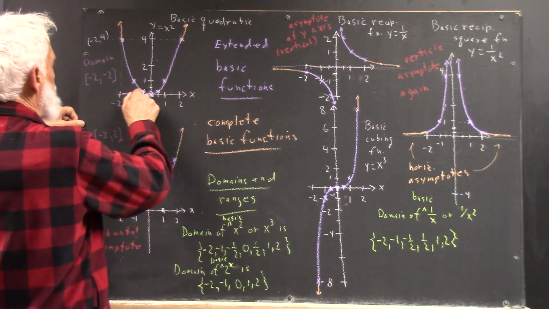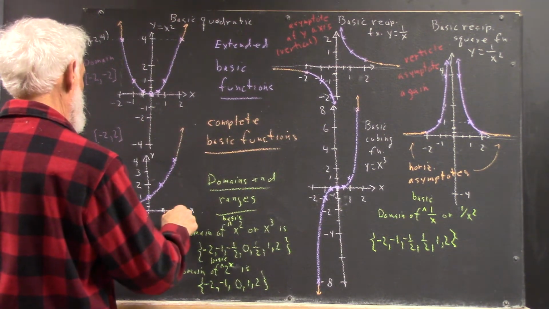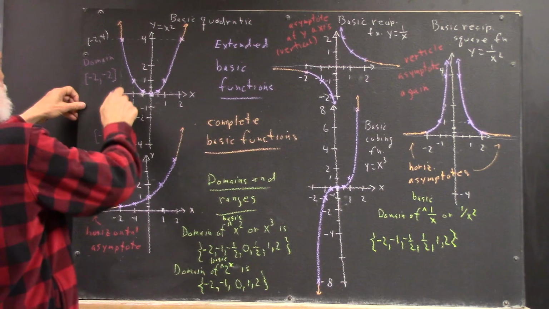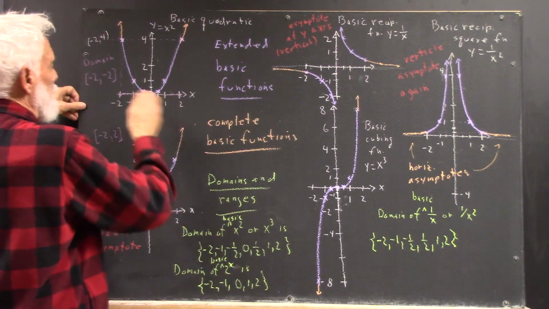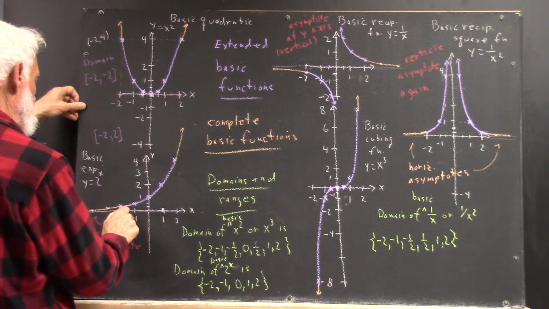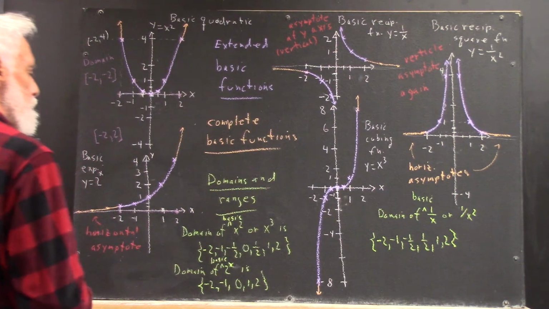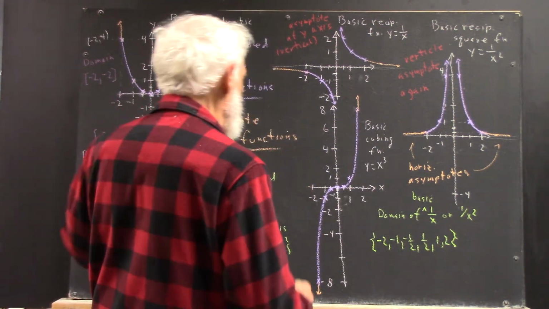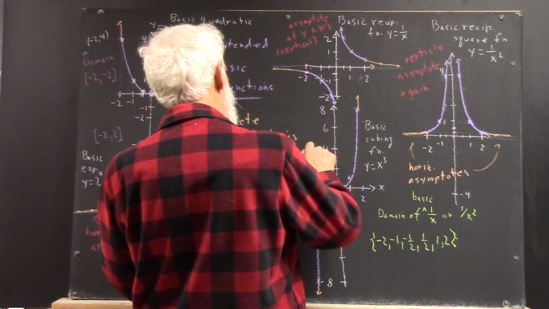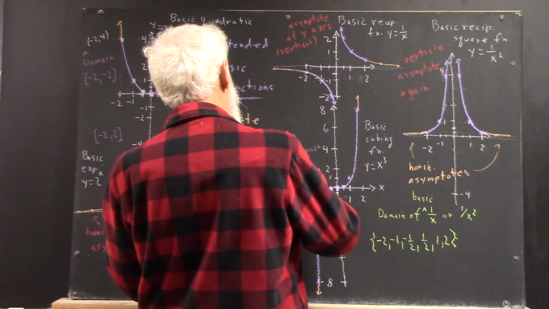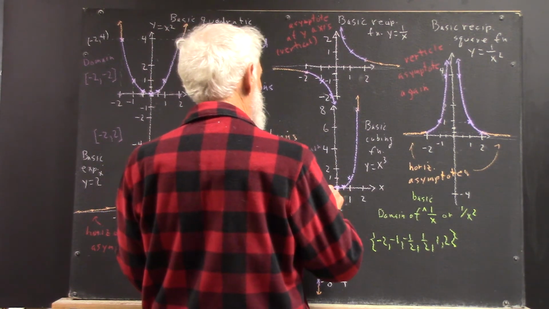So we draw that interval, and I could put a little dot here and a little dot here to show that -2 and 2 are included in that domain. Same here. The domain of the basic cubing function, closed interval from -2 to 2.